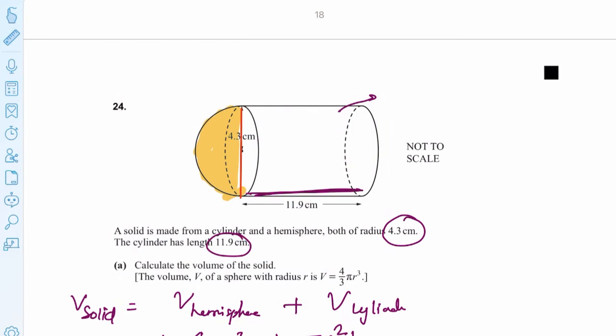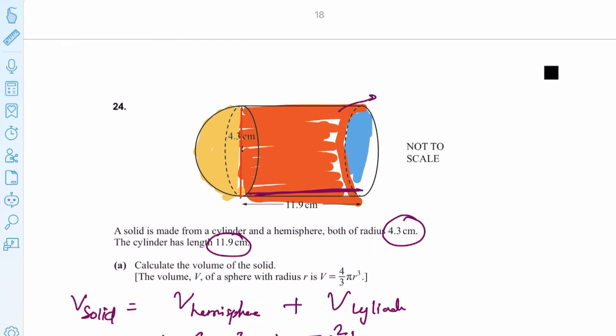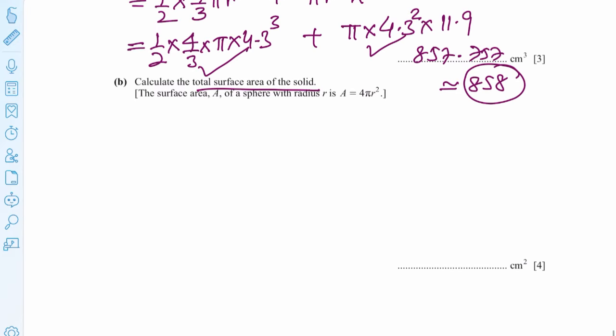Now this is the cylinder, the curved surface area we're talking about. And the last one is the area of the circle. So these three areas we have to add. This is hemisphere, this is curved surface area of cylinder, and this is the area of a circle, the bottom one. Then only we can find out the total surface area.